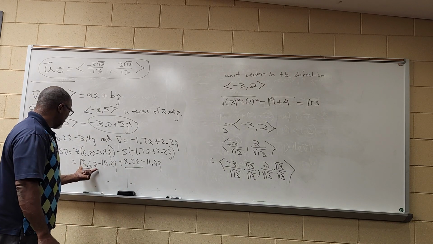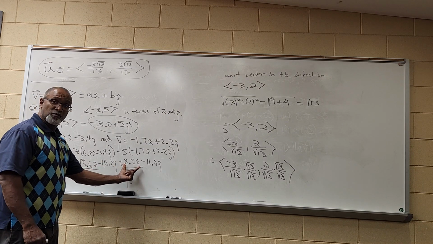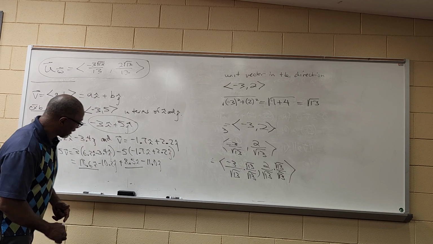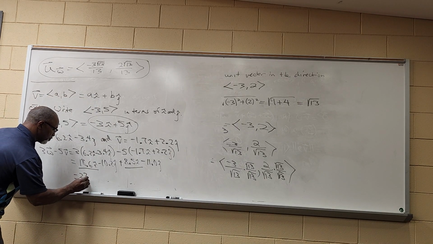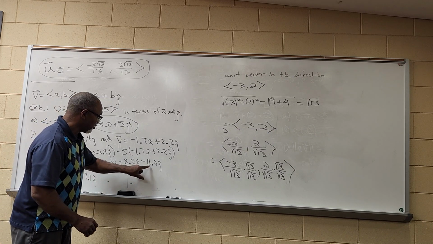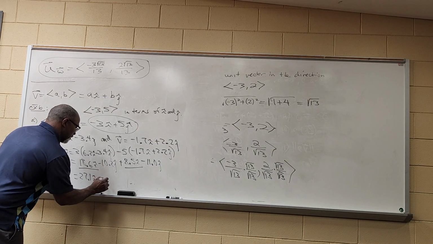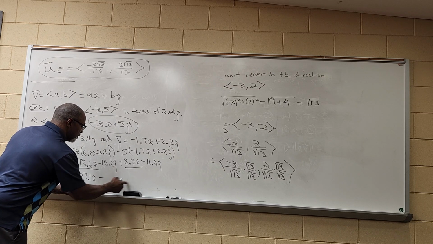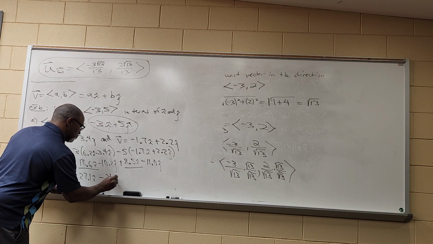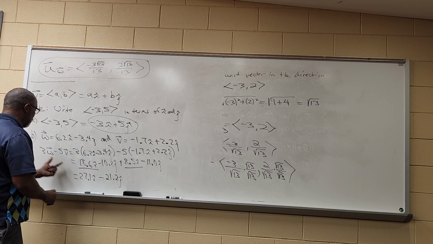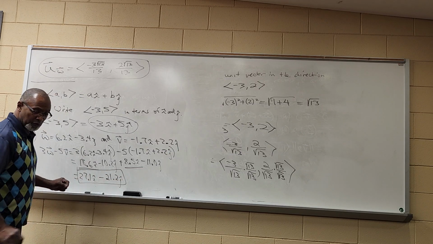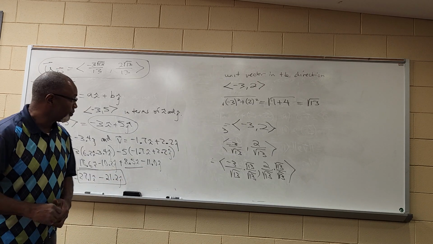So now we add the like components. The i components combine because they're the same component. 18.6 plus 8.5 becomes 27.1i. Negative 10.2j minus 11j becomes negative 21.2j. So that would be 3w minus 5v in component form. Nothing hard about that.